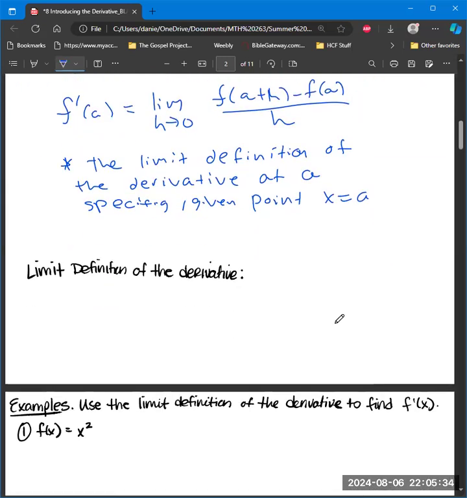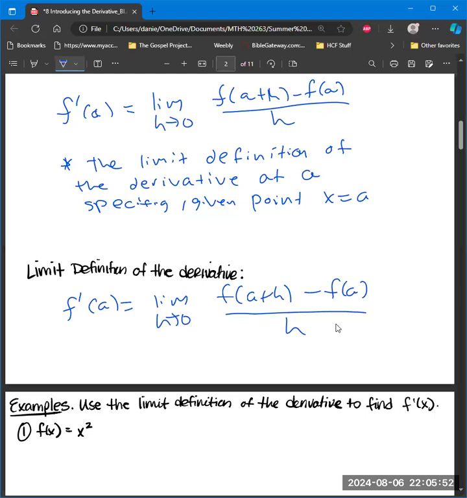So let's go ahead and write that definition down again. Right here, f prime of a equals the limit as h goes to 0 of f of a plus h minus f of a over h.